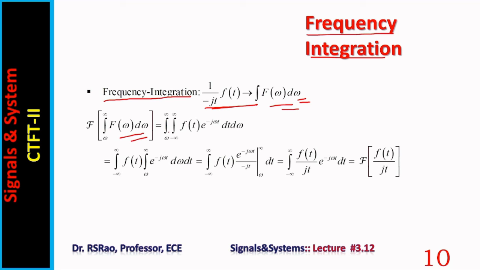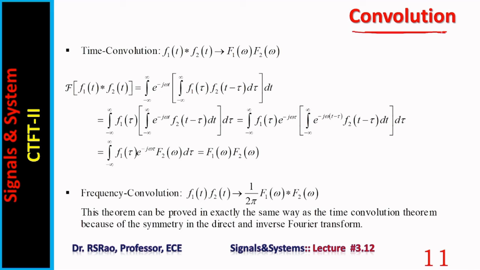It becomes a double integration with appropriate limits over f(t) e^(-jωt) dt dω. This can be manipulated, integrated, and limits can be substituted, and it is found that it is the Fourier transform of f(t)/(jt).